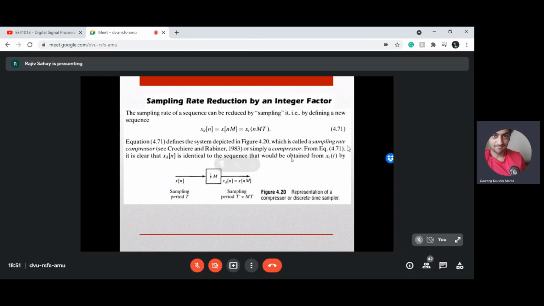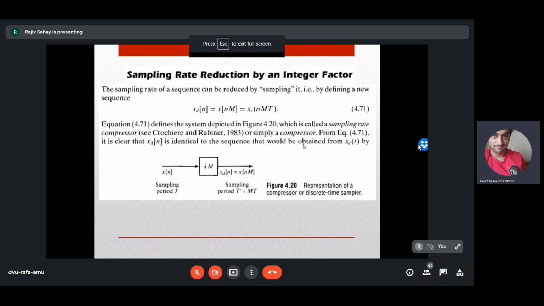So if you see here, we are trying to reduce the sampling rate by defining a new signal xd[n], which is equal to x[nM], where M is greater than 1, or it is equal to xc(nMT). So you see in this diagram, there is a downward arrow.